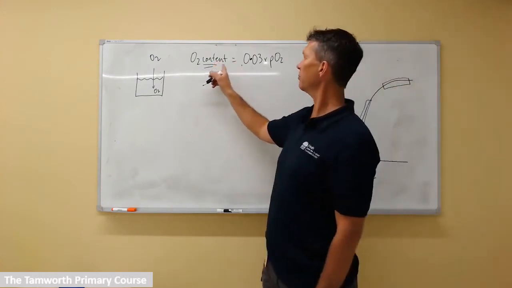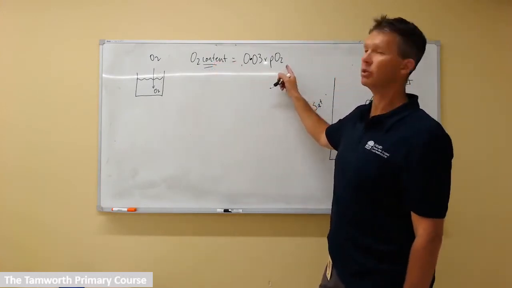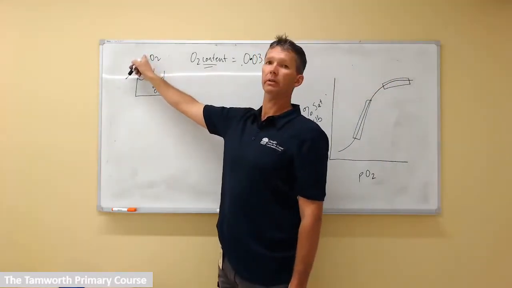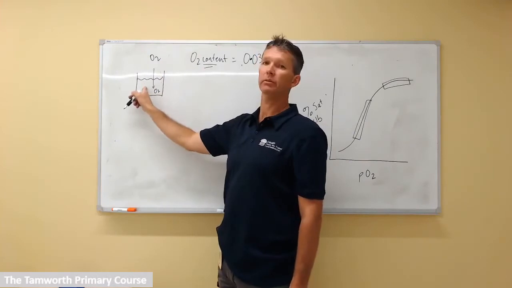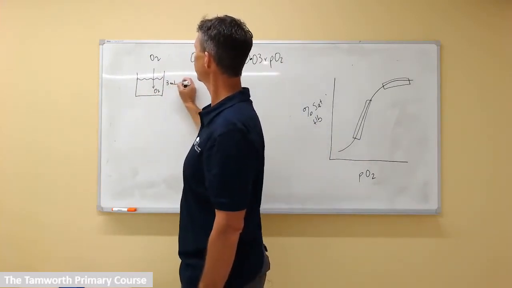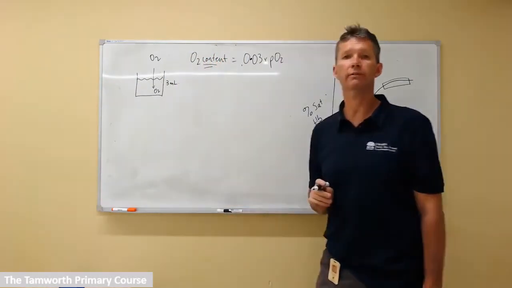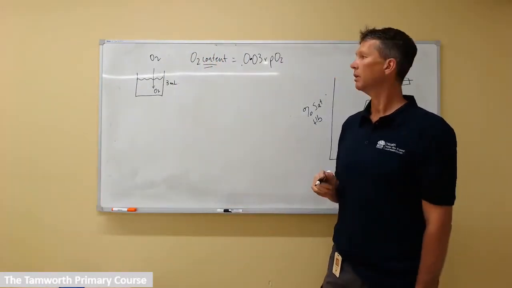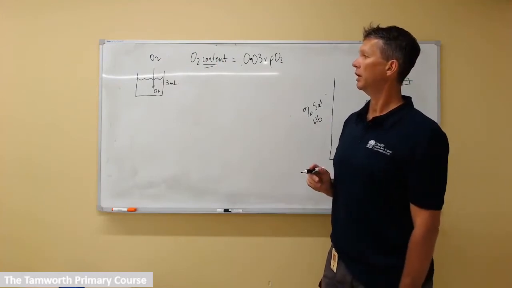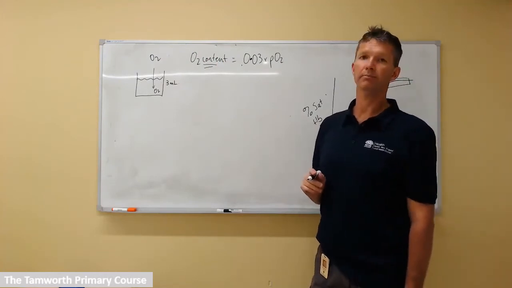So if we rely on Henry's law and diffusion from gas into liquid, we're only going to load a very small amount of oxygen. That's not enough for life. So what we want to do is modify our blood a bit.